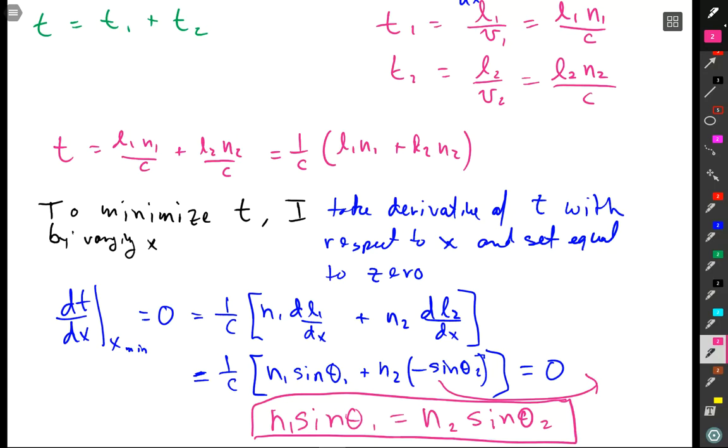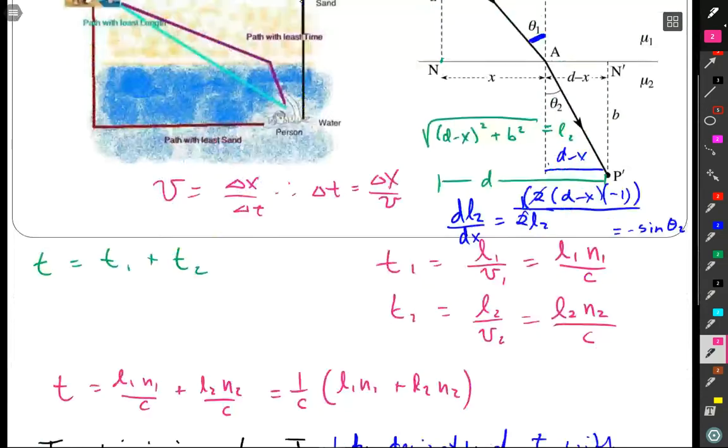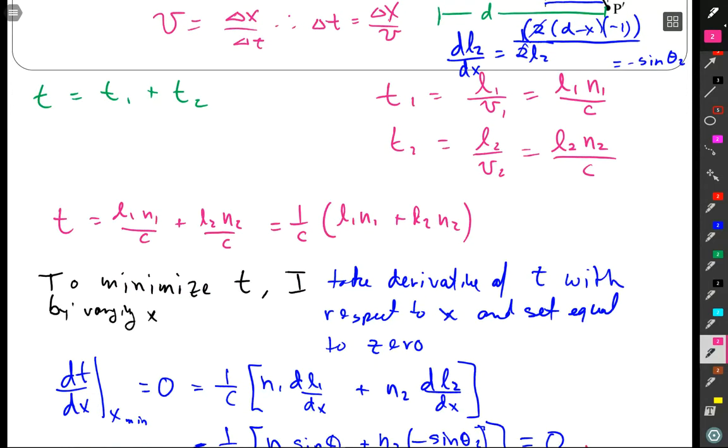Nathan, could you explain again how L1 turned into dl1 over dx? When you derived, you took the derivative of t. Yes. L1 turned into n1 dl1 over dx.